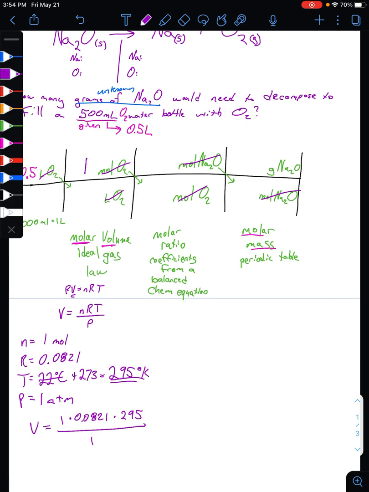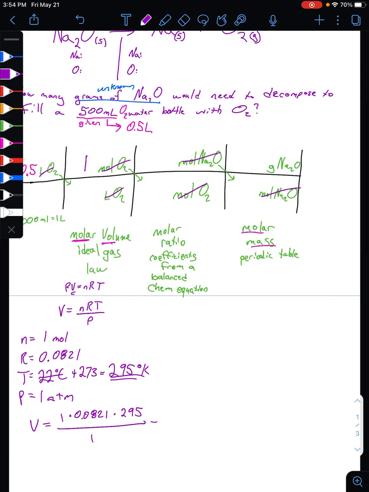Do the math on this real quick. 1, don't really need to do that, but times 0.0821 times 295. Don't really need to divide by 1 because the number stays the same, but hey, let's be thorough. Divided by 1 gets me 24.195. I'm just going to round that to 24.